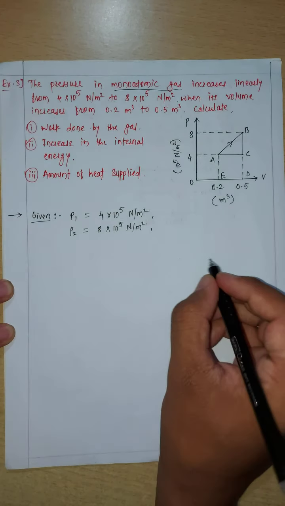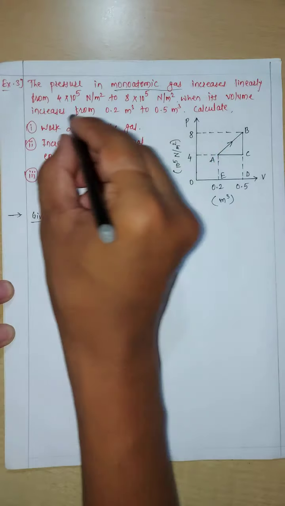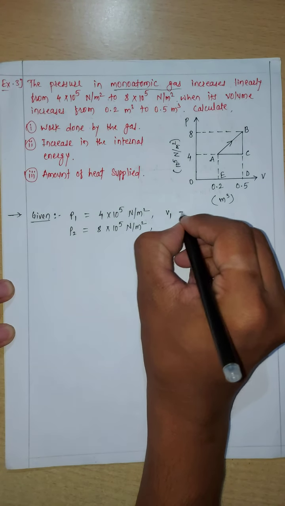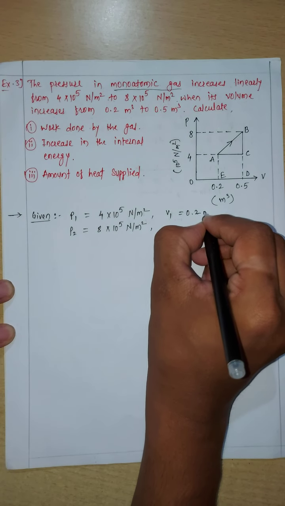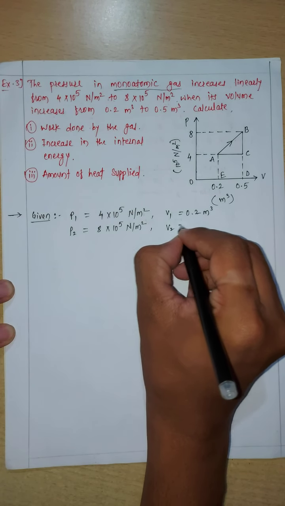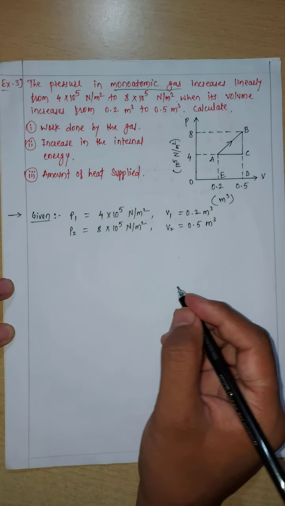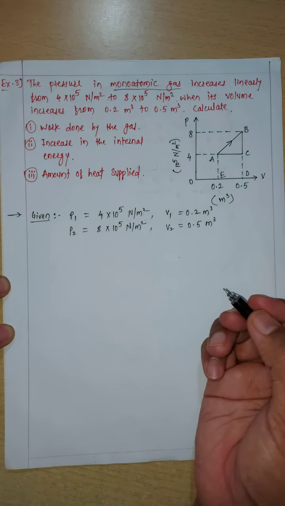They have also given the volume change, so V1 is 0.2 meter cube and V2 is 0.5 meter cube. So this is the given data.